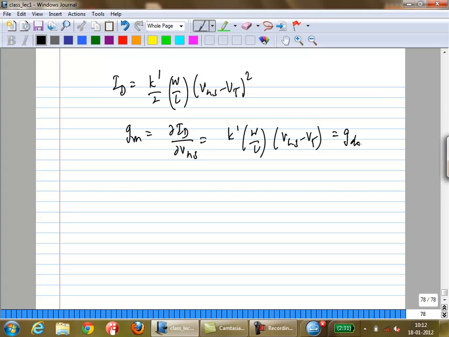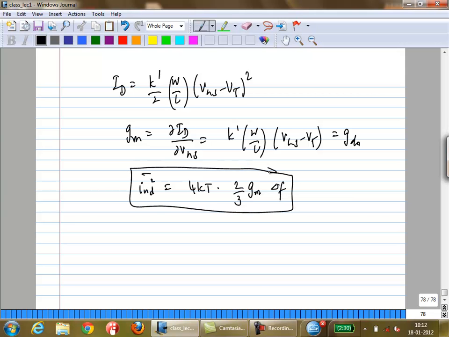And normally you are interested in the parameter gm in saturation rather than GD0. So it's customary to write the noise in terms of gm rather than GD0.